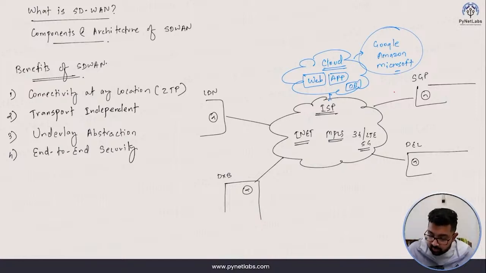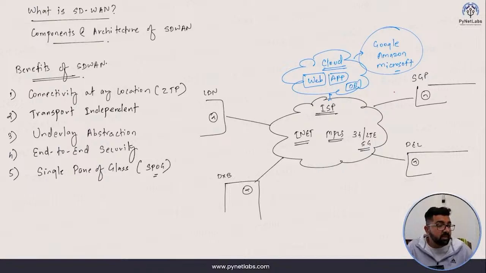Post that, you also have single pane of glass, which we also call SPOG, which means that you can do the management of your fabric, the analytics of the fabric, the configuration of the fabric, and the policy provisioning of the fabric.